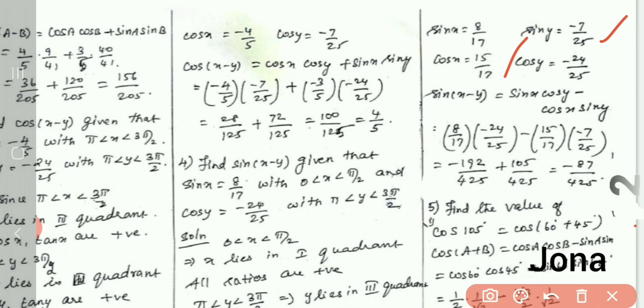So I want to find the value of sin of x minus y, which is sin x cos y minus cos x sin y. Substitute the value of sin x, that is 8 by 17, cos y is minus 24 by 25, minus cos x is 15 by 17 and sin y is minus 7 by 25. And then multiply and simplify, the value is minus 87 by 425.